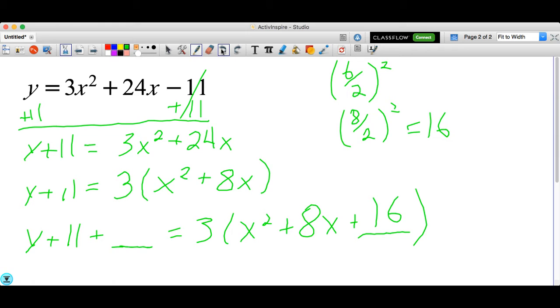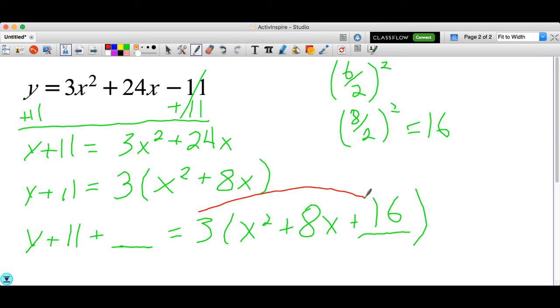Let's think of this 16 as 16 pounds. We didn't add 16 pounds to the right-hand side. We added 3 16-pound weights to the right-hand side because that 3 distributes into everything inside the parentheses. We added 3 16s on the right-hand side, okay?